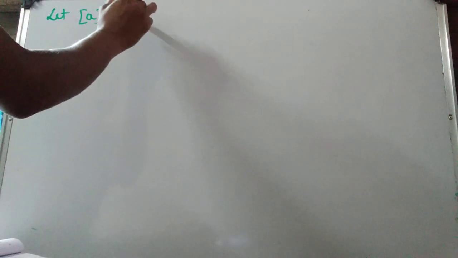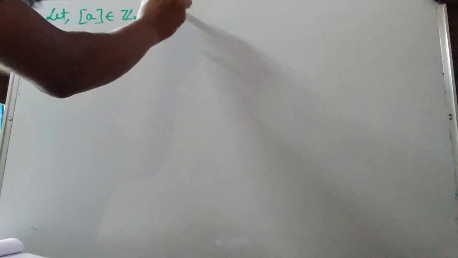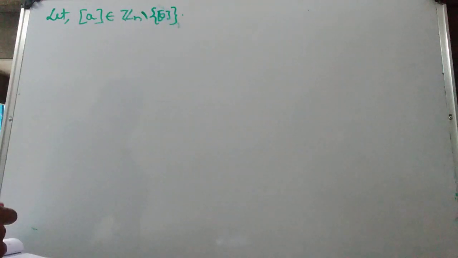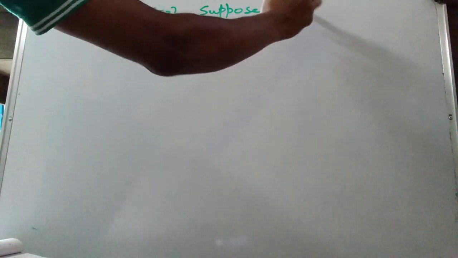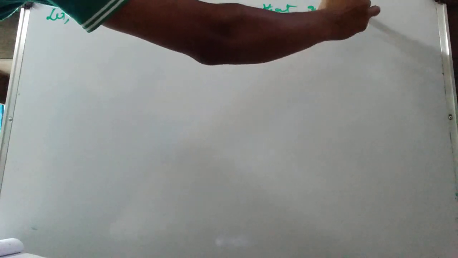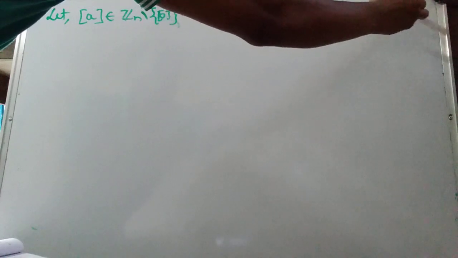So how do we discuss this one? We write: let class A belong to Zn difference 0, this one is better because we will not talk about the 0 class. Then we first suppose that GCD of A, n equal to 1.